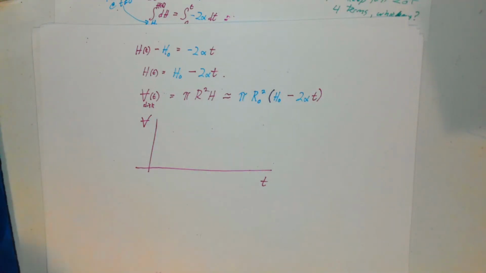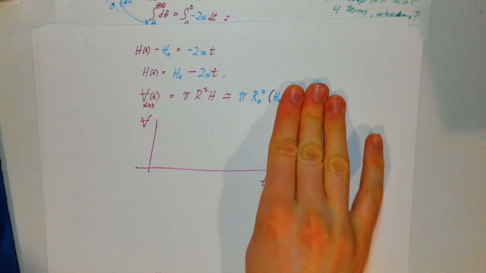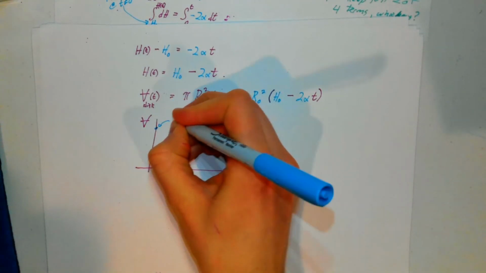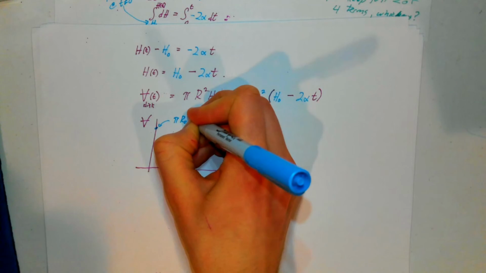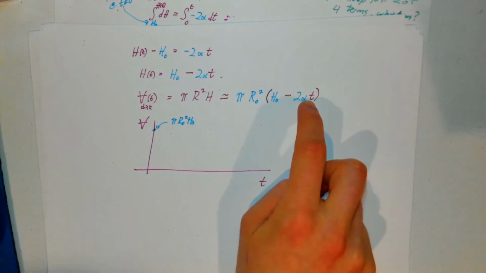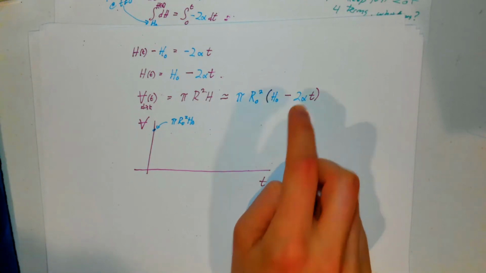Well, hopefully you've had a chance to pause and ponder. If you sub it in at t equals 0, then it just starts off at pi r naught squared h naught. And this is basically the equation of a line, right? It's the equation of a line with some negative slope.